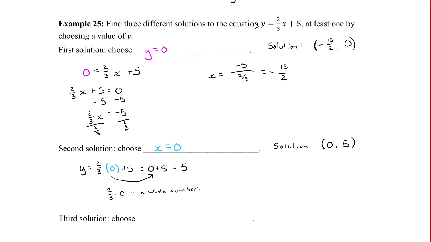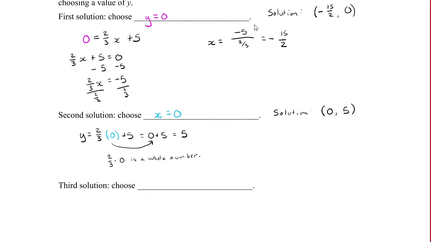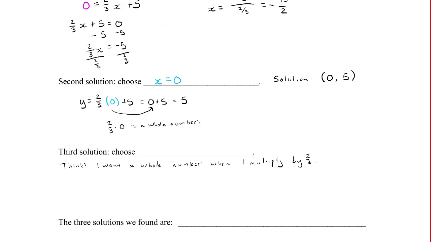What other numbers can I pick that I know that 2/3 times that number is going to be a whole number? Well, I know that I want to get a whole number when I multiply by 2/3. In order to make that happen, I want to multiply something that 3 goes into evenly.